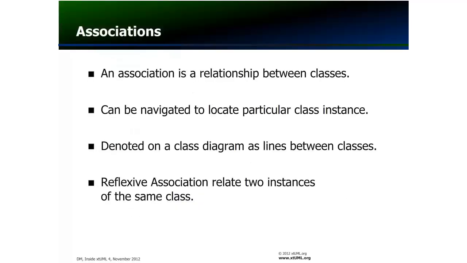Associations are formal relationships between classes, and they provide a mechanism to locate information elsewhere in the model. On the class diagram, associations are represented by the lines between related classes. In some cases, the relationship is between instances of the same class, and these relationships are called reflexive associations.